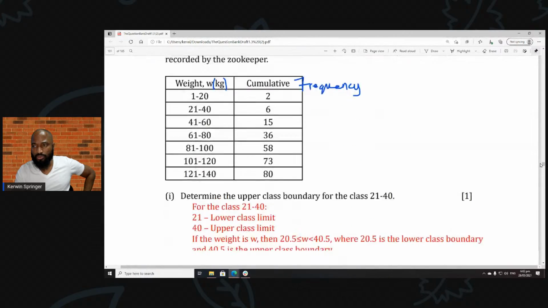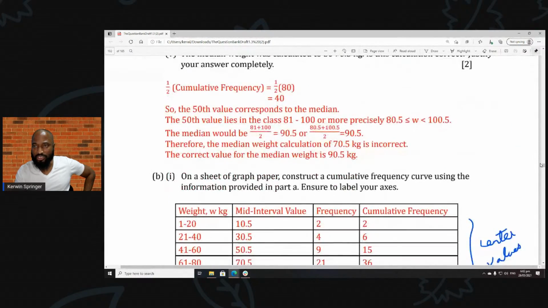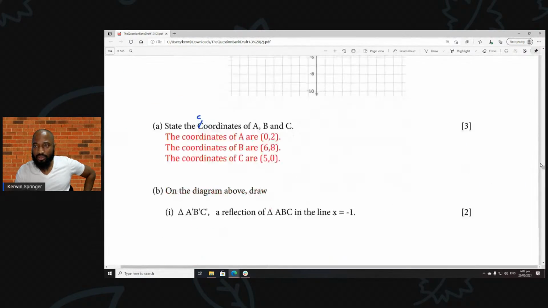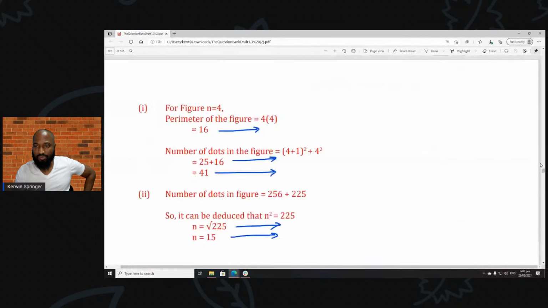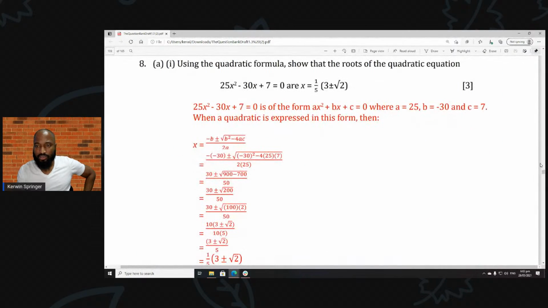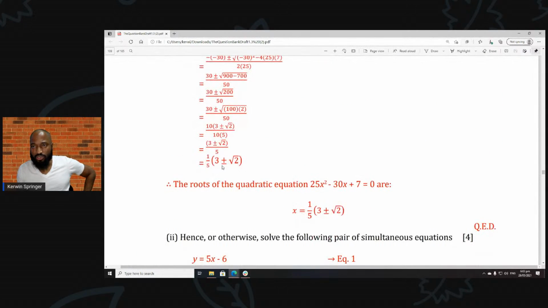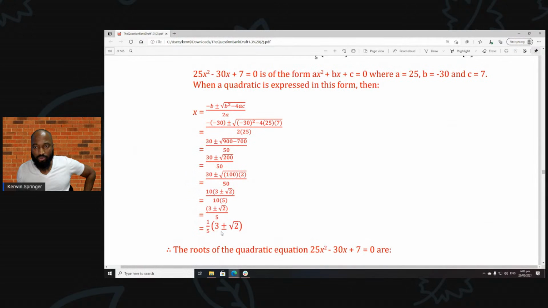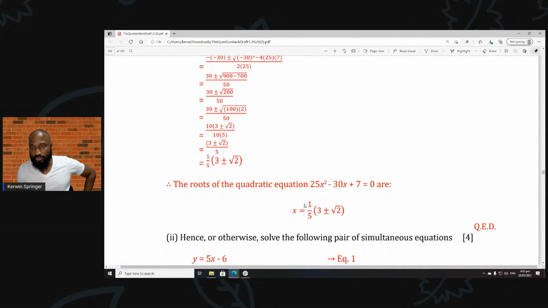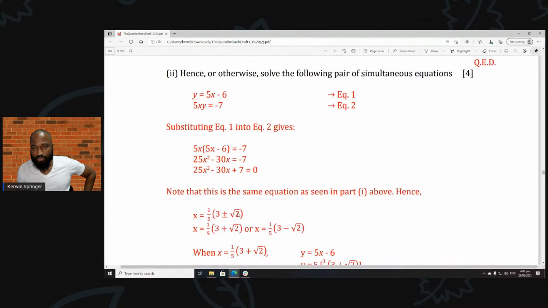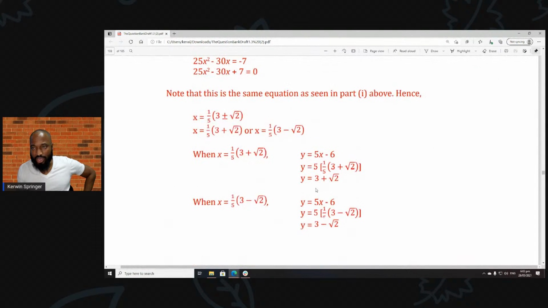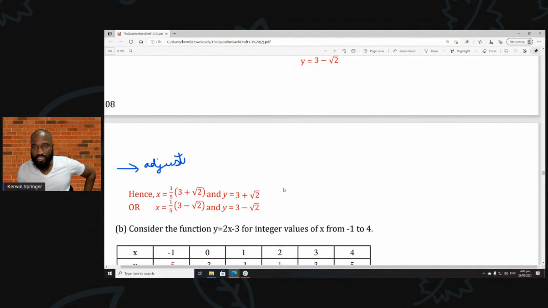You all remember we were doing this on Sunday? Anybody was in the Sunday live? What am I looking for? Looking for question 8. In question 8, we did this whole long quadratic formula thing. We got the roots. We substituted the roots in here, and we got the y's. So we got the x and we got the y's, and that's the end of that.